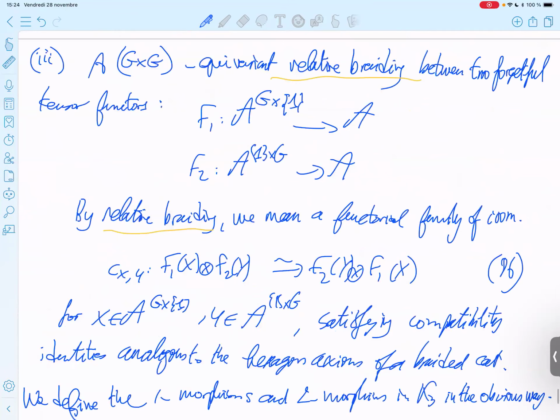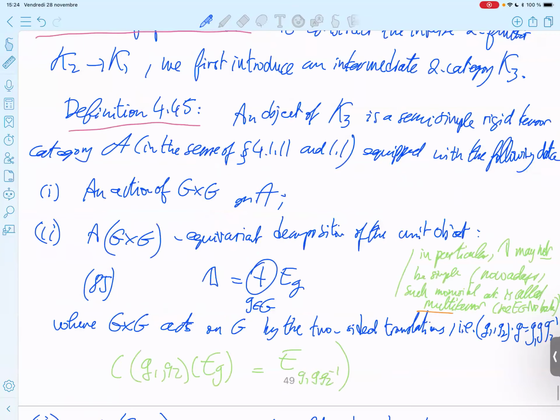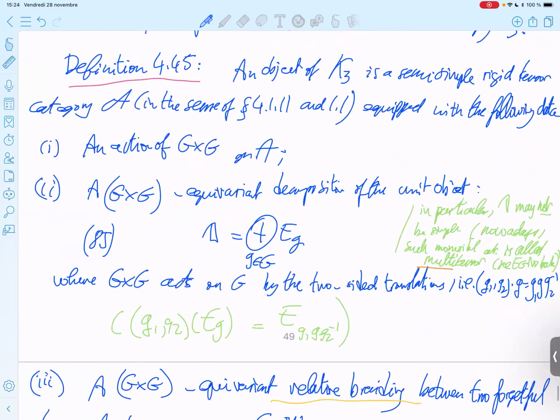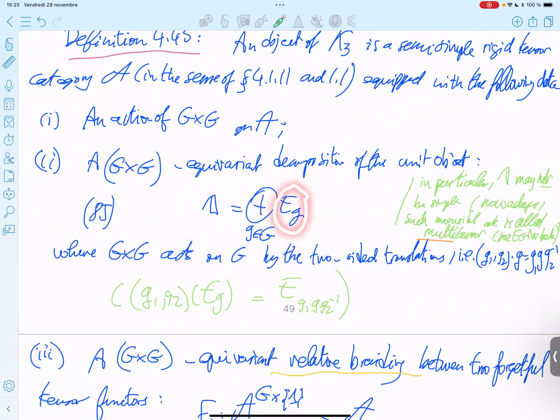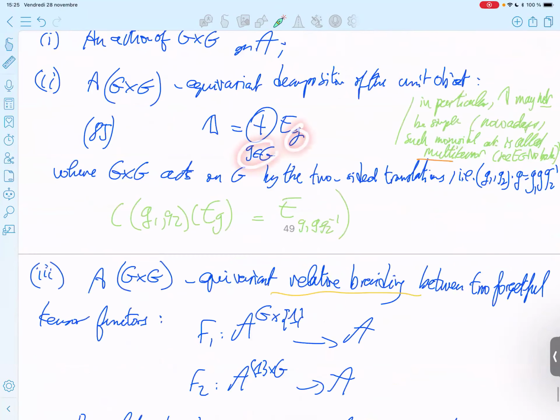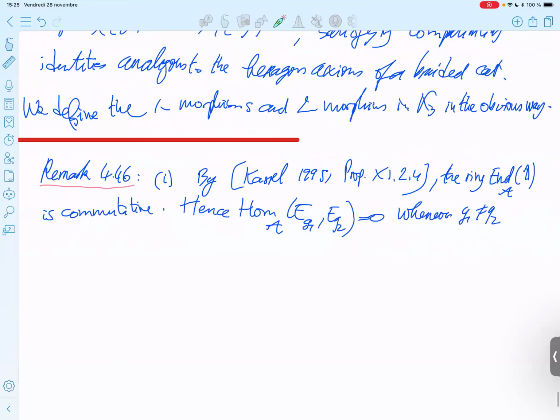So remember, the unit object decomposes, so this may not be simple, into objects labeled by the elements of the group. It is explained in this book that you can deduce that, but maybe you can deduce that as an exercise.